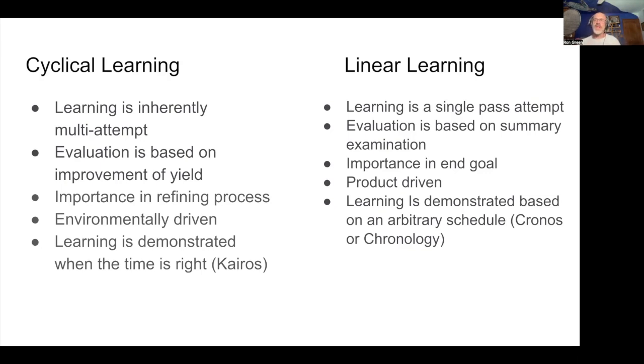As opposed to linear learning, linear is a single pass attempt. So you've got one shot. We have a class, it's biology 101, and you start in September and you end the class in December.